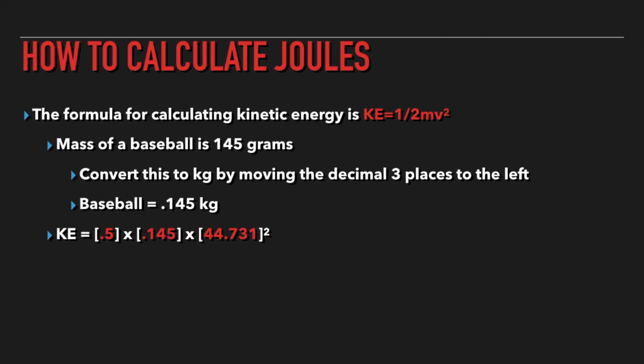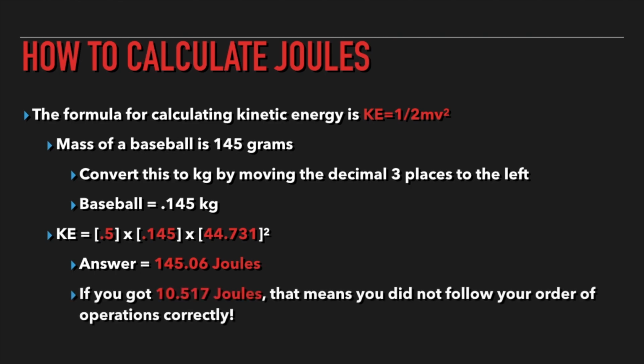Now, I want you to calculate these numbers out, and what you should get is 145.06 joules. Now, if you got 10.517 joules, that means you did your order of operations incorrectly. Remember, please excuse my dear Aunt Sally. We have to do exponents before we do anything else.